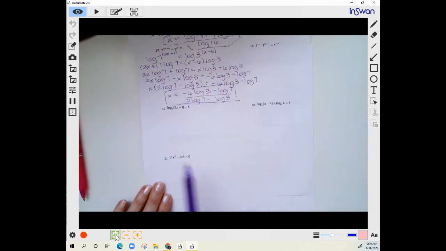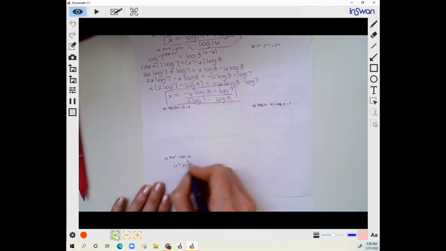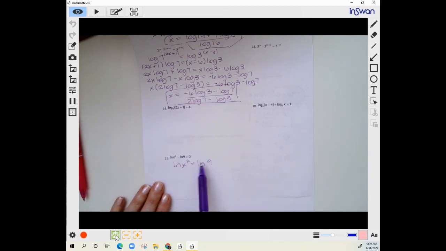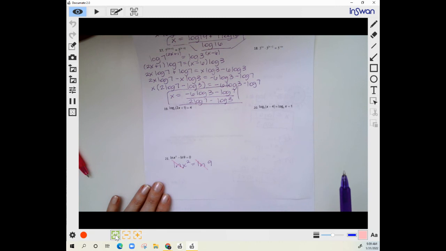And then for 21, this is the easiest of them. So because I have this side equal to 0, then I can move one of the logs to the other side. And just like with exponential, when the bases are the same, you can cancel them out. When you have a log on each side with the same base, those can cancel out, and then you can just solve what's left.